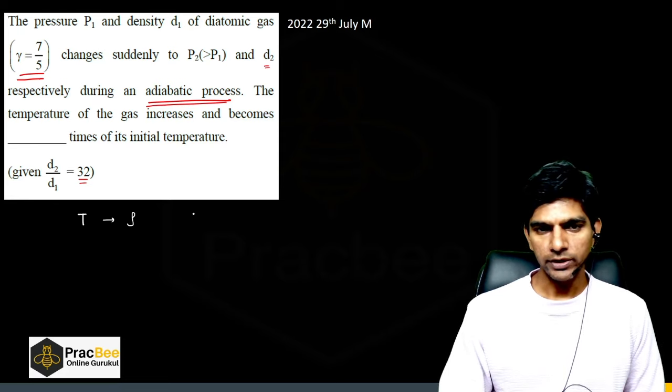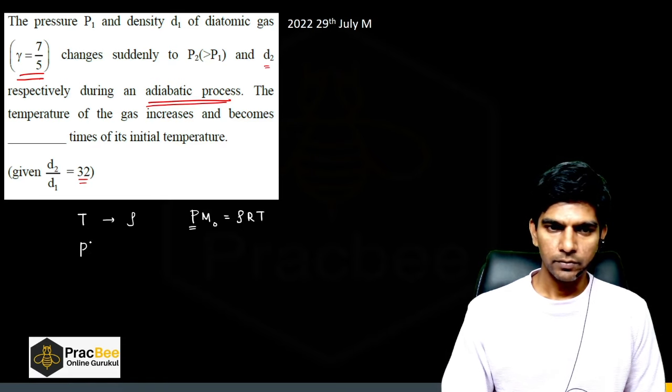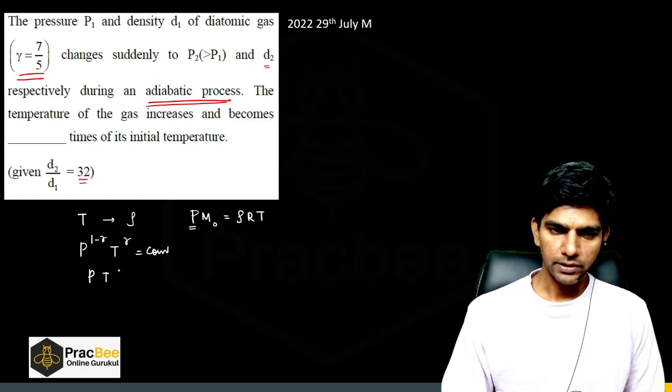Okay, so we know that P M naught is equal to rho R T, right? And we know that in an adiabatic process, P raised to power 1 minus gamma and T raised to power gamma is constant. So we can say P times T raised to power gamma by 1 minus gamma is constant.